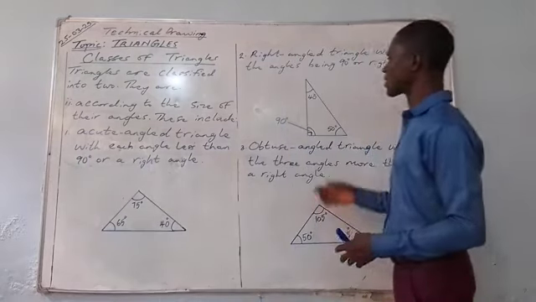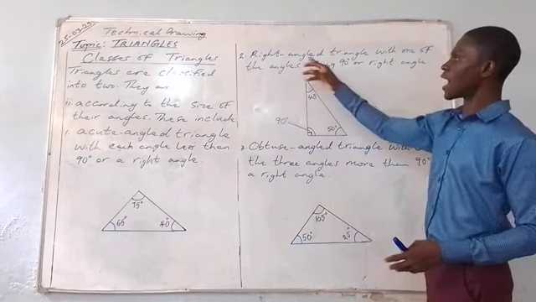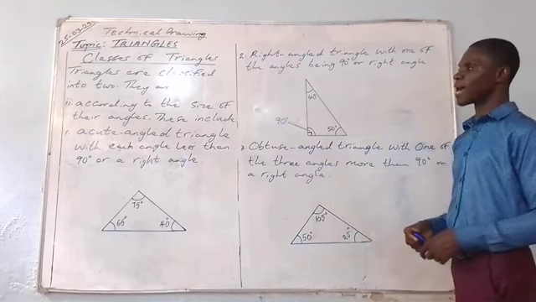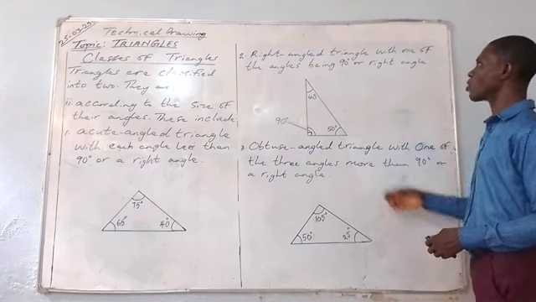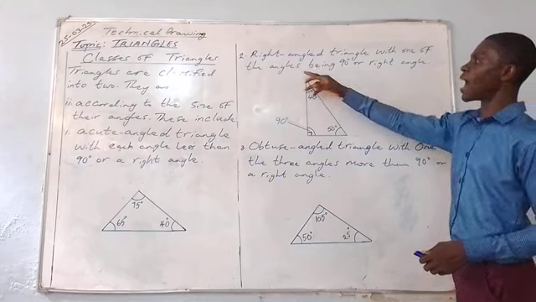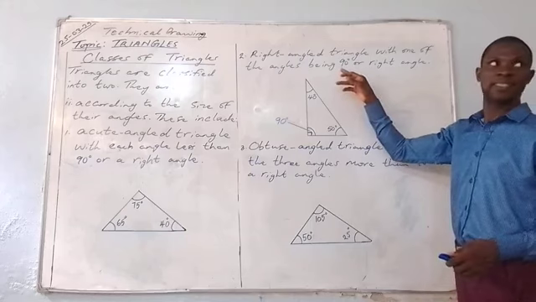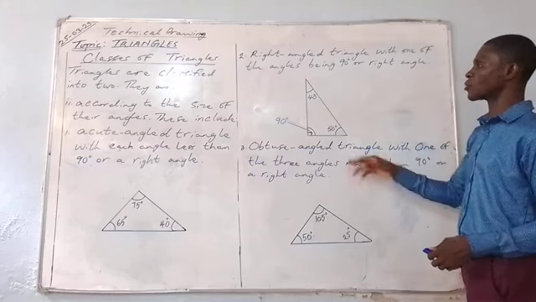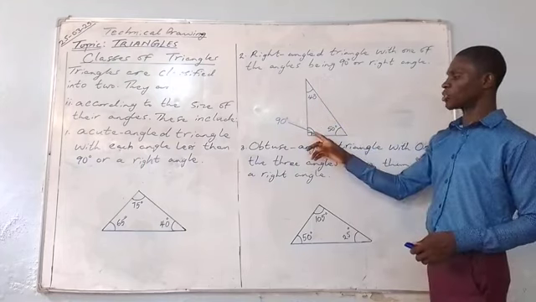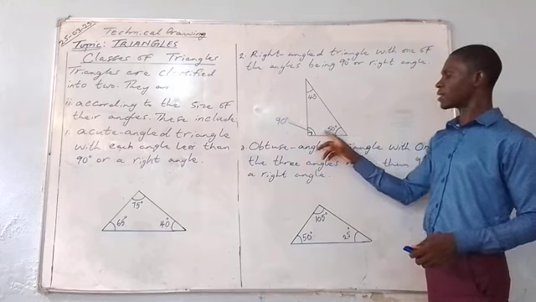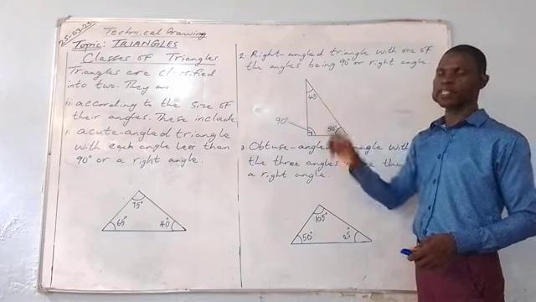Then the second example under this classification is the right angled triangle. For a right angled triangle, one of the angles is 90 degrees, or a right angle. So this is a right angled triangle in which this angle is 90 degrees, this angle is 50 degrees, and this angle is 40 degrees.